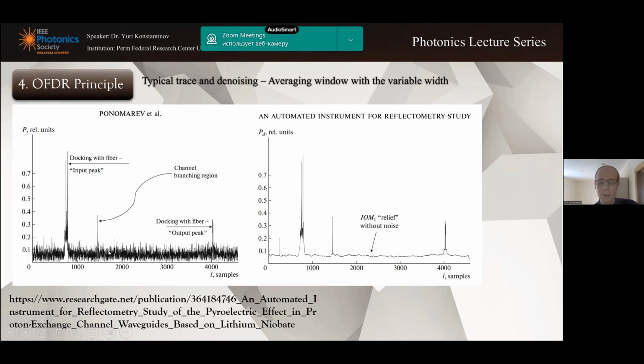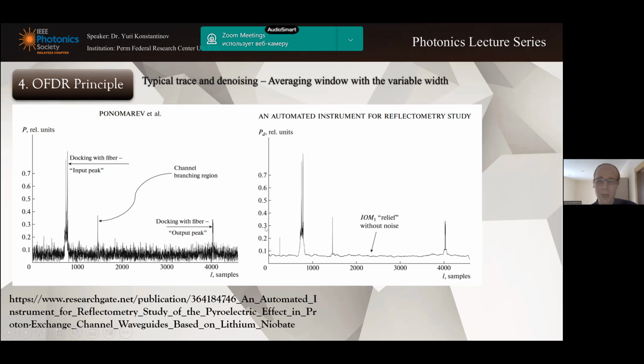In this publication, we provided the filtering using dynamic averaging, using a method similar to coarse filtering.